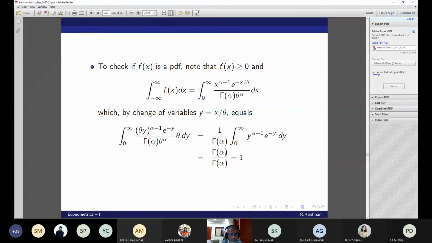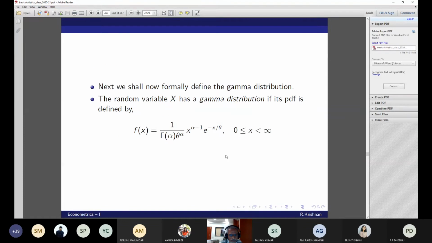To check if f(x) is a PDF, note that. Okay, check if f(x) is a PDF. Show that it is a PDF.